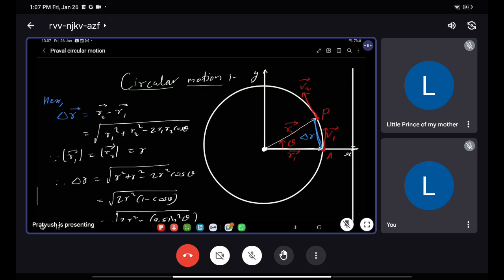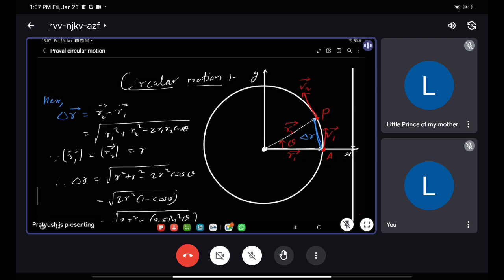See, in circular motion, each and every instant the direction is changing continuously. It means what? Each second the position vector is also changing. Getting it? Each second the velocity is changing.